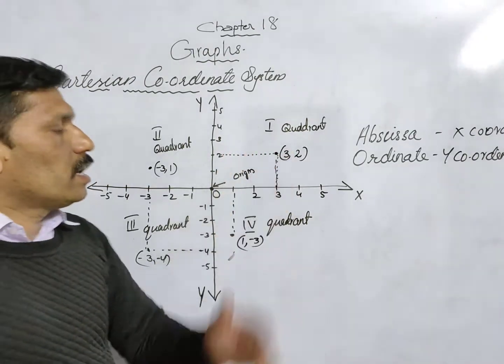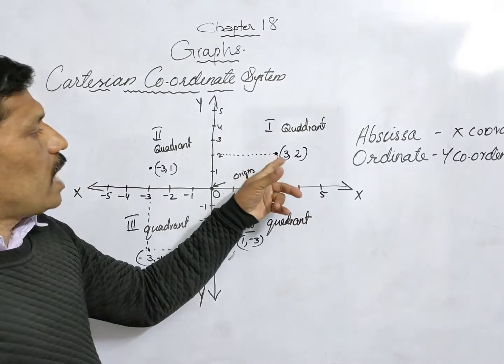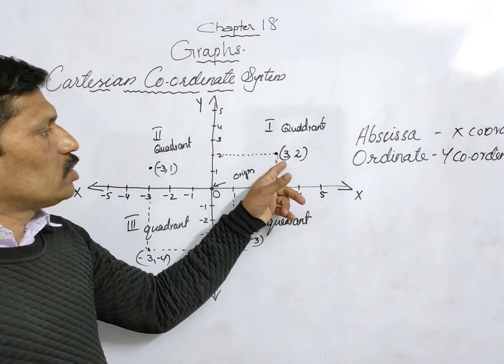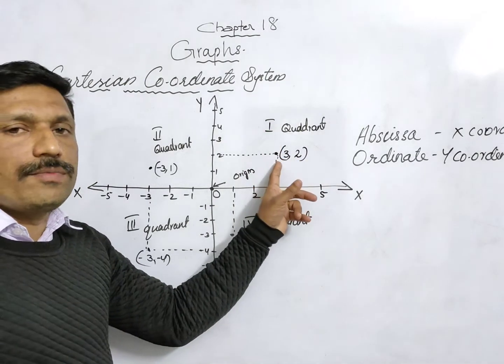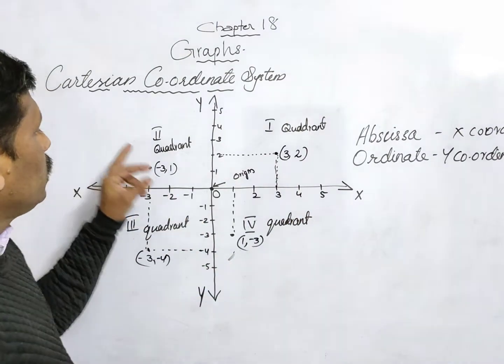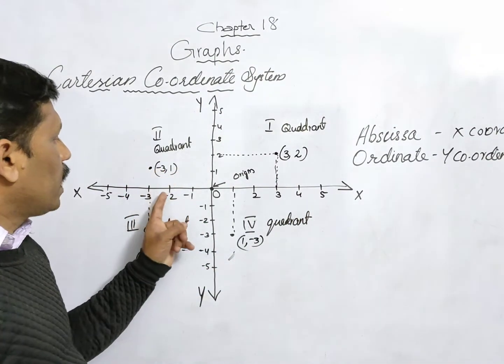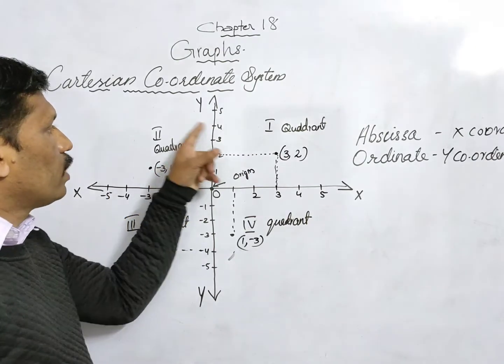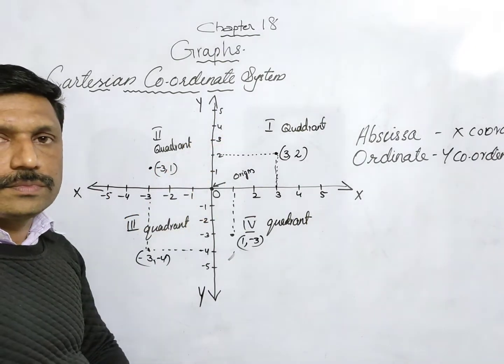So from this we can understand that any point that lies on the first quadrant, both x coordinate and y coordinate will be positive, and any point that lies on the second quadrant, x coordinate is negative and y coordinate is positive.